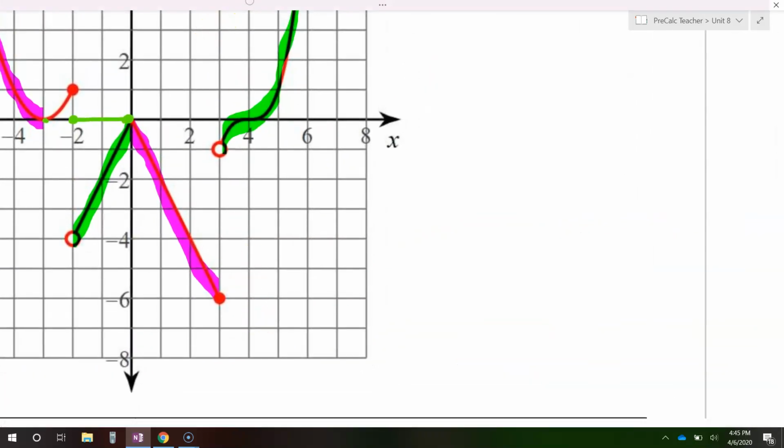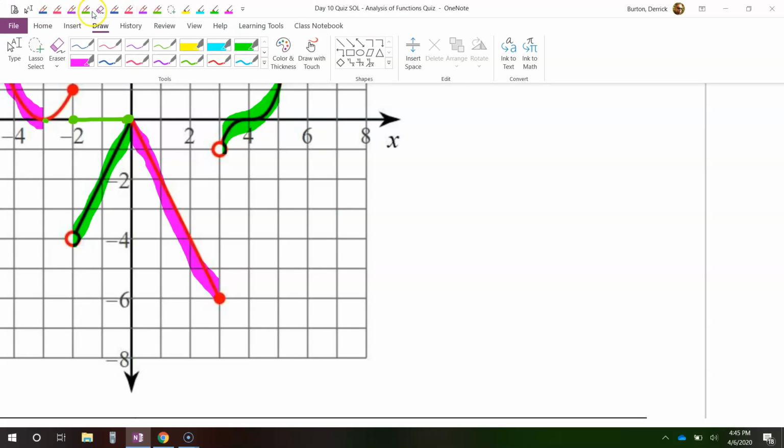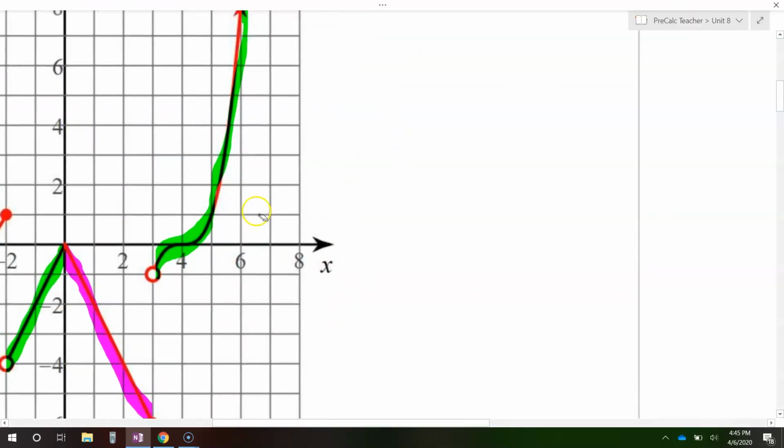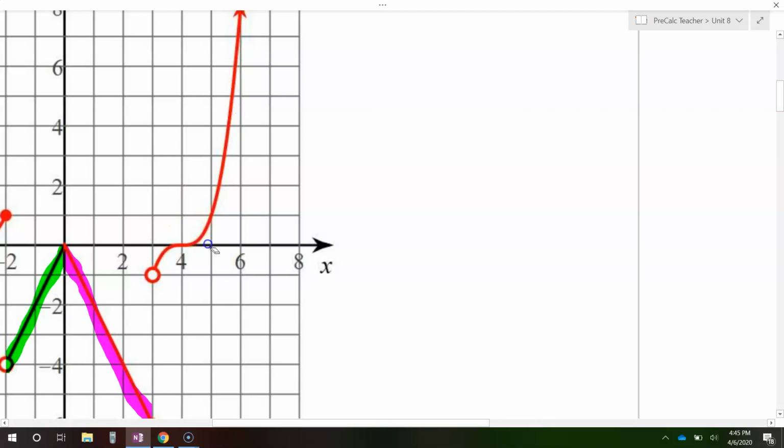My next increasing interval is going to be this green portion of the graph over here. I'm just going to erase this to make it more clear, but remember this is the portion of the graph we're talking about, and I'm dealing with the x values only. On the x values, it starts here, and then this graph goes to the right forever.